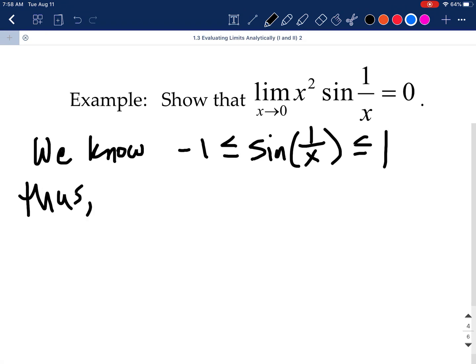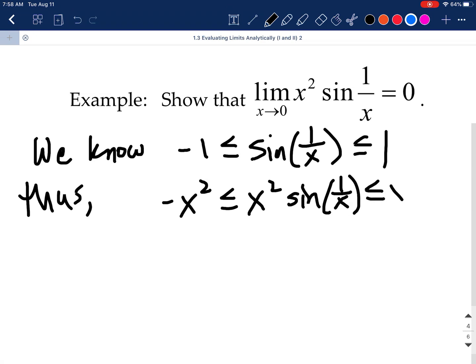Thus, if we multiply our inequality through by x squared, we know that negative x squared and x squared are going to be the boundaries both below and above. Right?